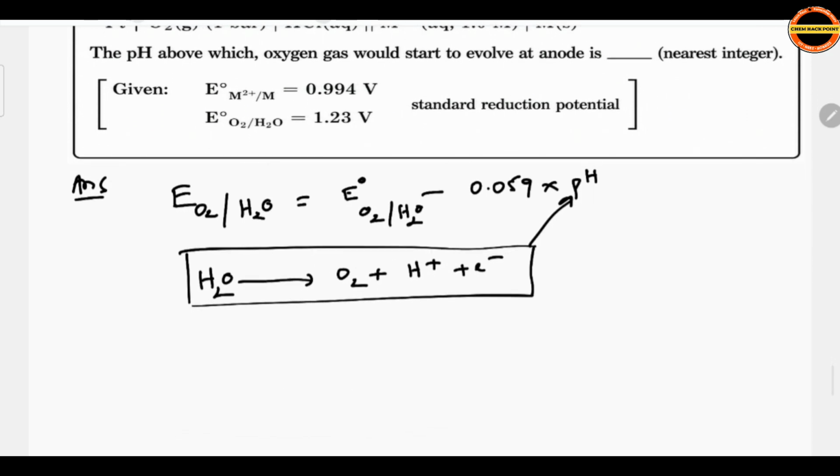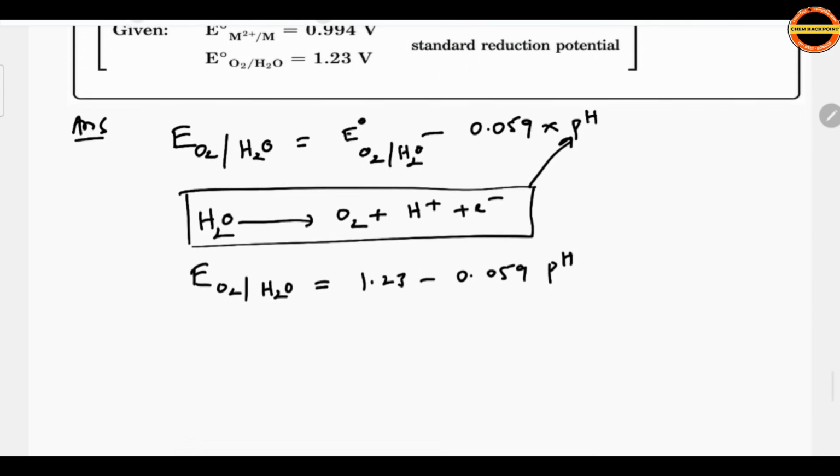Now if I substitute the values, E of O2/H2O is equal to 1.23 minus 0.059 pH. Instead of writing the H plus ion concentration, I wrote pH, since minus log H plus is pH.